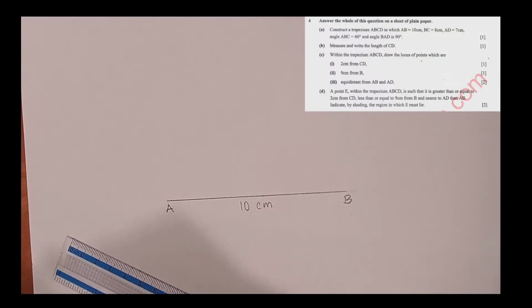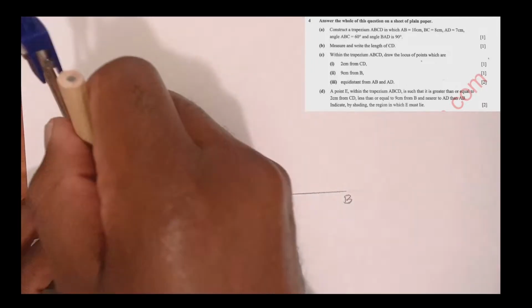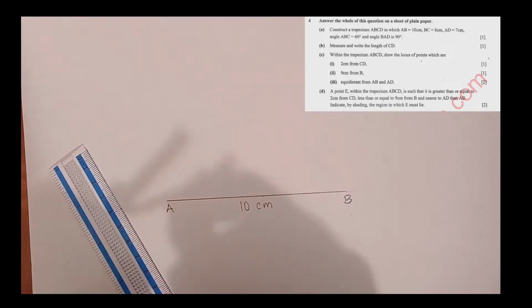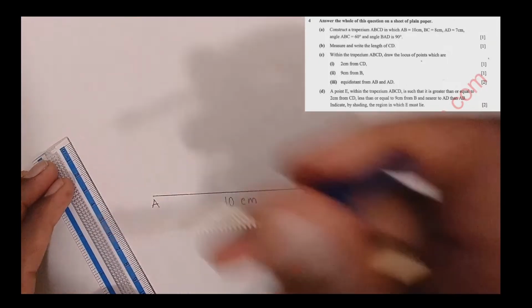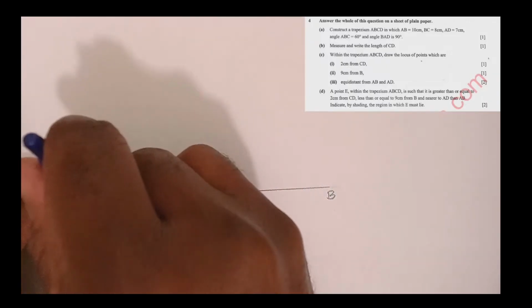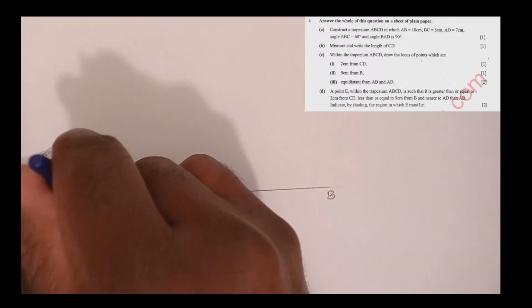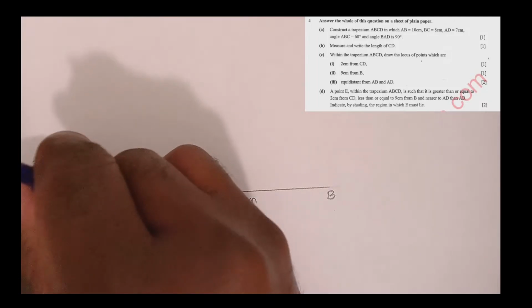Okay. Next, I know that BC is 8 centimeters. So I need to carry 8 centimeters on from my ruler. I use my compass. I carry, let's see.